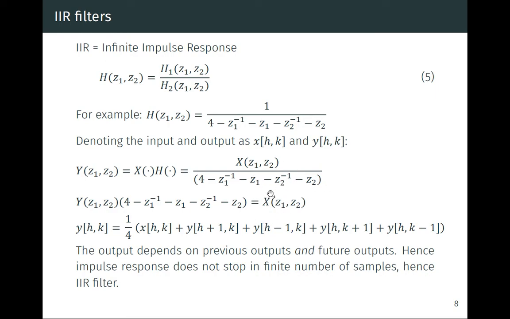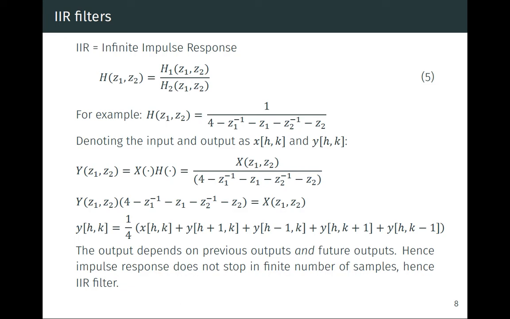But it becomes simple when you multiply both sides by the denominator, and now you have y times this polynomial equals x times h1. And then you can go about doing the same thing. The only difference now is that you're going to have offsets in y as well. So to compute the output of a particular y, you depend on the other outputs of y at different locations.